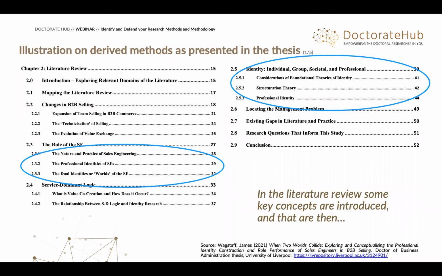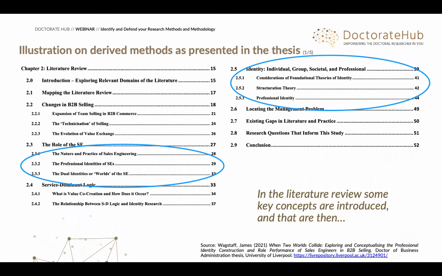Now let's illustrate how deriving things from earlier studies and framing your research in that way can look in practice. This is taken from a recent thesis of one of our students. As you see, this is a rather standard structure of a literature review chapter, starting with an introduction.